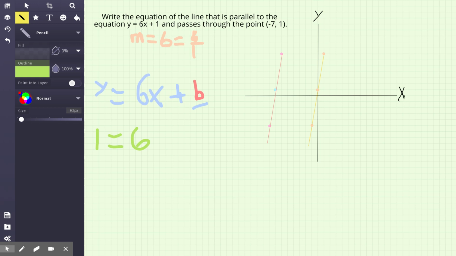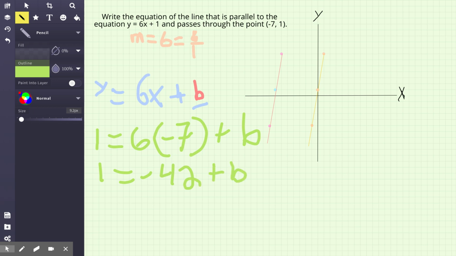Well, my x is -7 at that point, so I'm going to go times -7 and then plus b, because that's what we're trying to figure out. And now I just have to solve this equation. So I would have 1 equals, well, 6 times -7 is -42, and then still plus b.